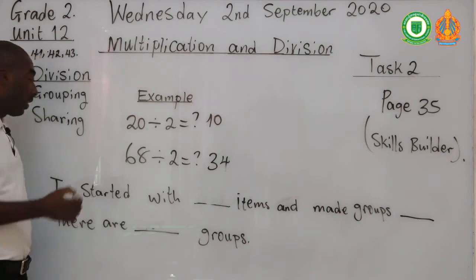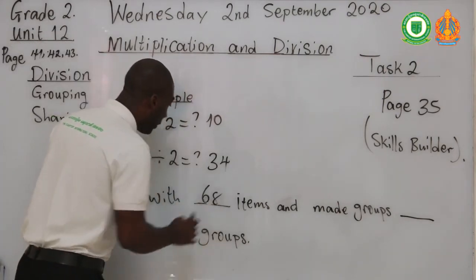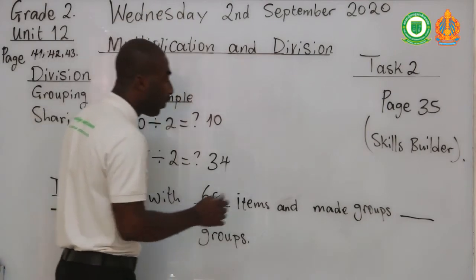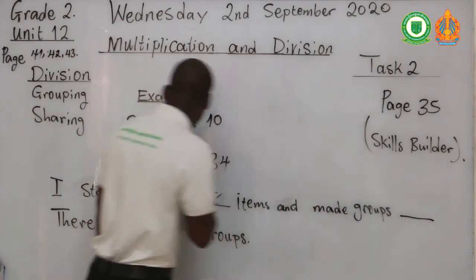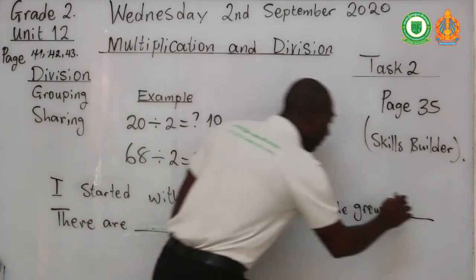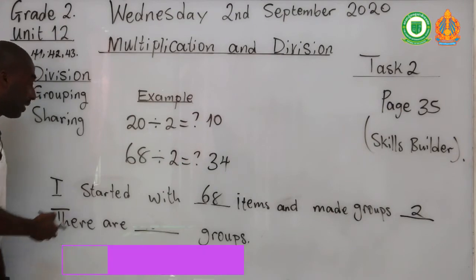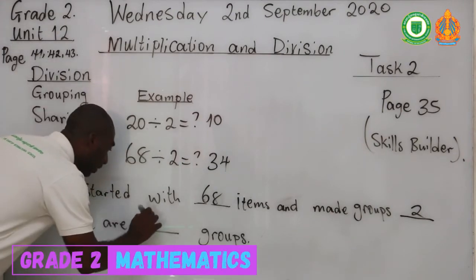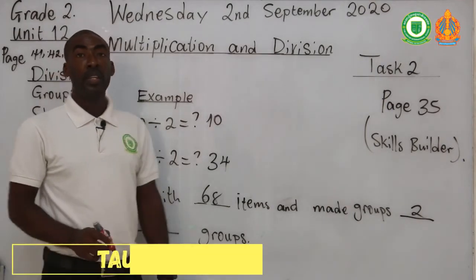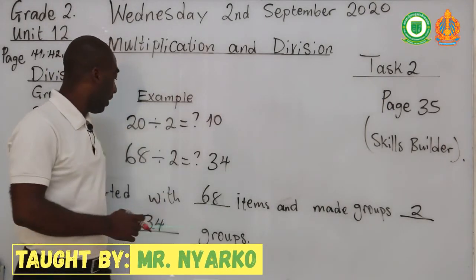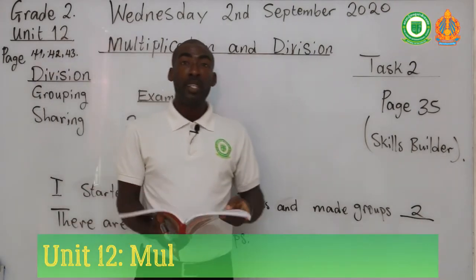So you say that you started with 68 items, you made groups of 2, so you have to put your 2 here. And then over here we say that there are 34 groups.